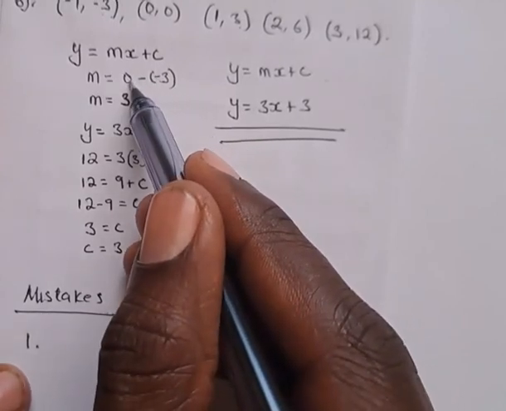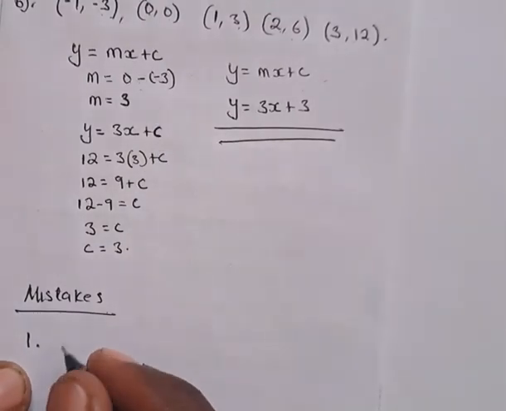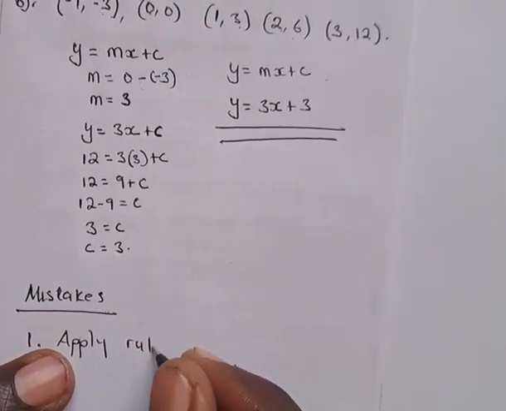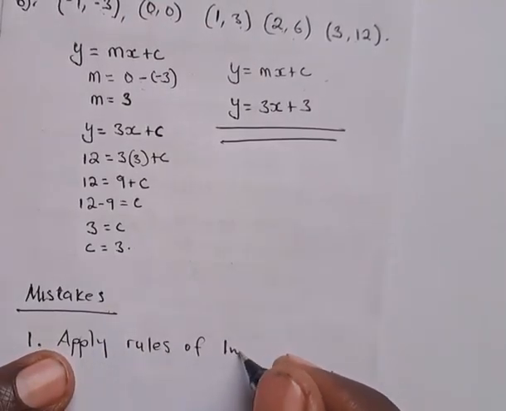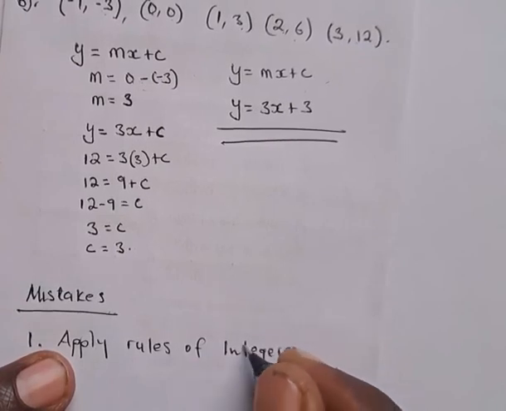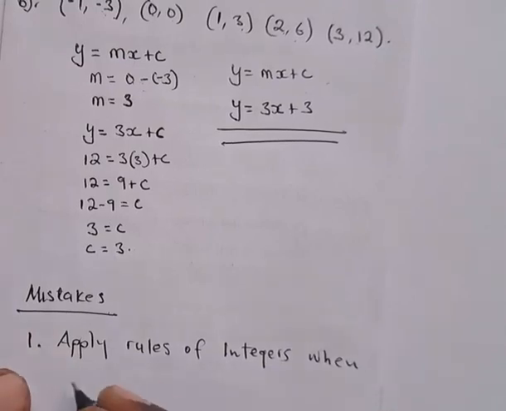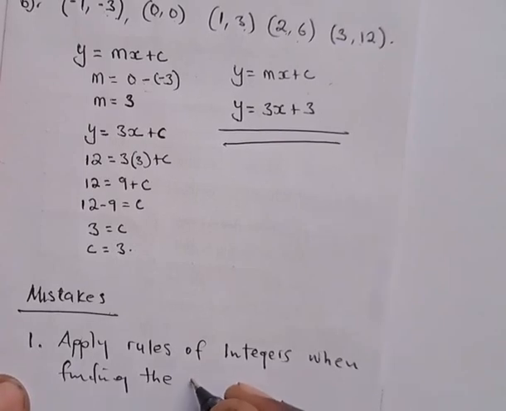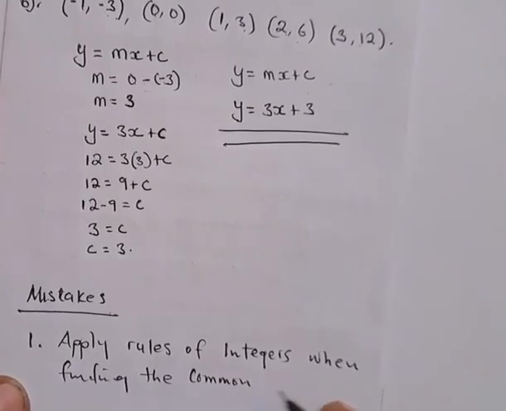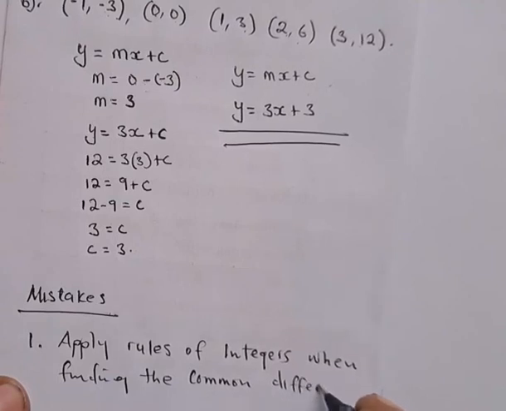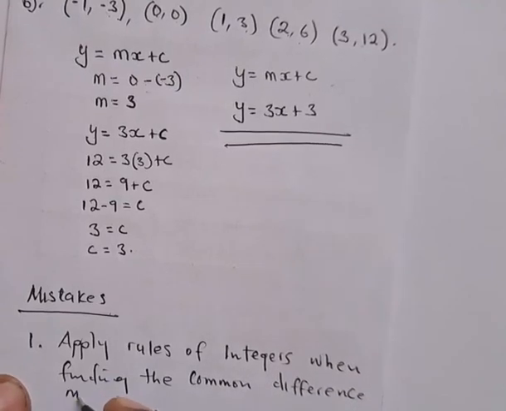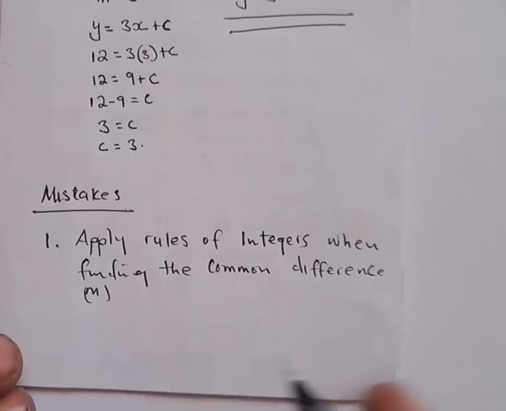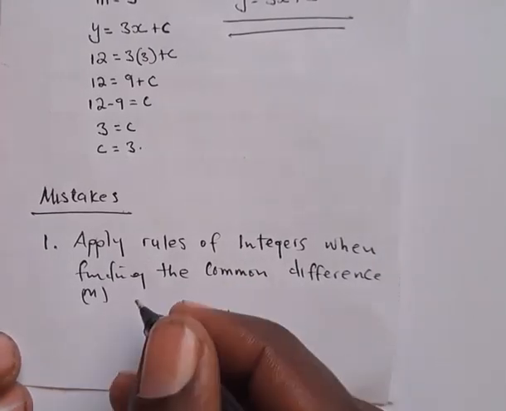So apply the rules of integers when finding the common difference, which is m. That is mistake number 1. People tend to misapply them, so you have to apply them correctly.